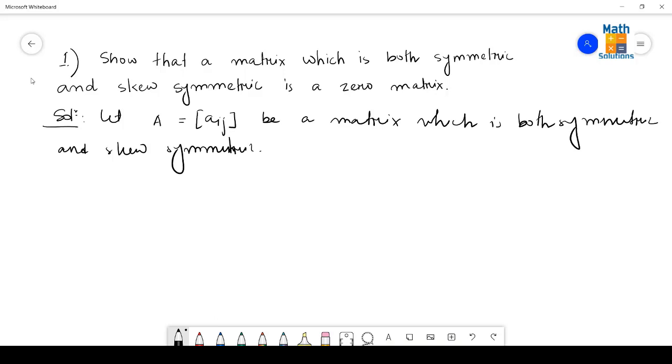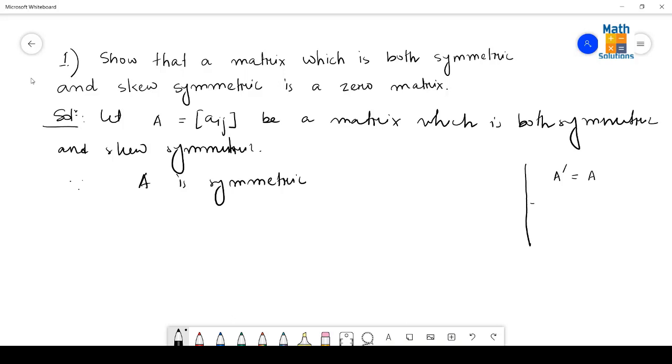Now let us come to the first part, symmetric matrix. Since A is symmetric, what can we write? By definition of a symmetric matrix, when a matrix A is symmetric, we get A dash is equal to A. That means the transpose of the matrix capital A is equal to the matrix itself.